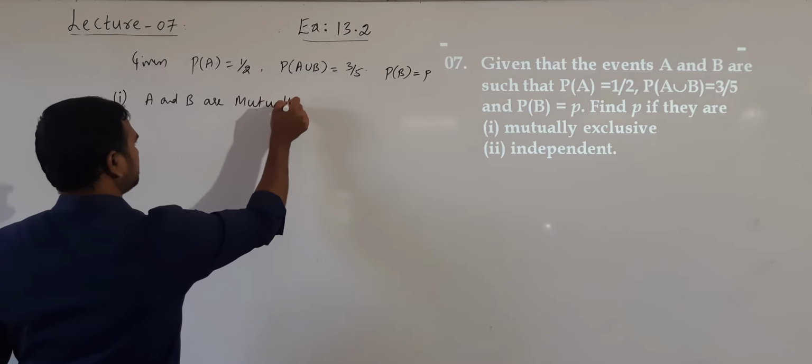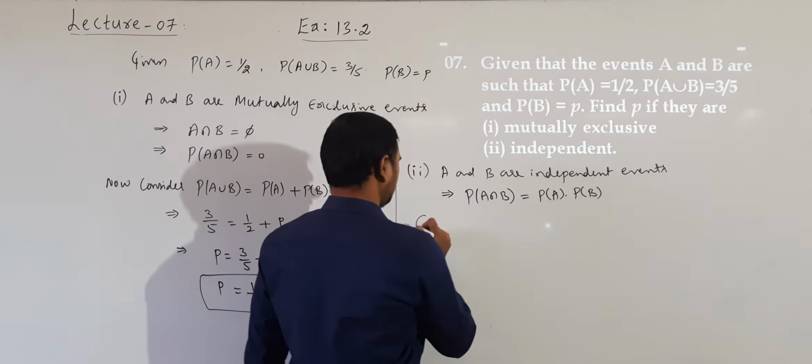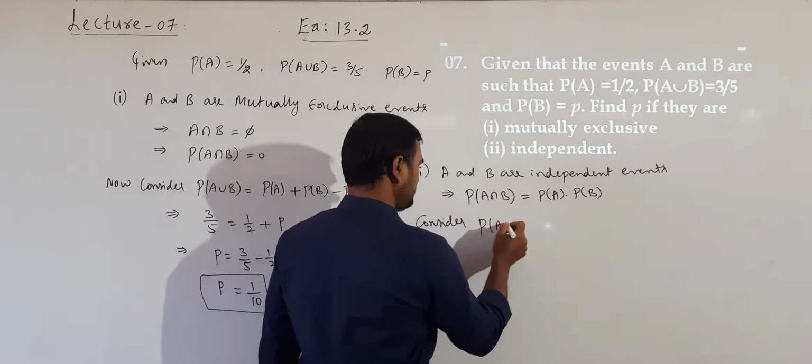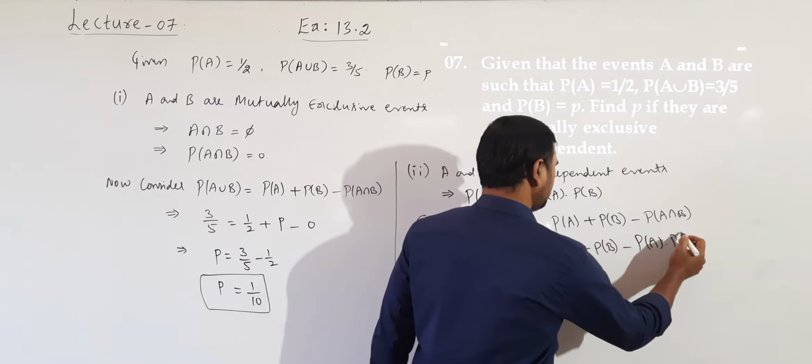A and B being independent events implies P of A intersection B can be written as P of A into P of B. Again consider P of A union B, which is P of A plus P of B minus P of A intersection B. Using this relation we can find the p value. Since they are independent events, I can write P of A intersection B as P of A into P of B.